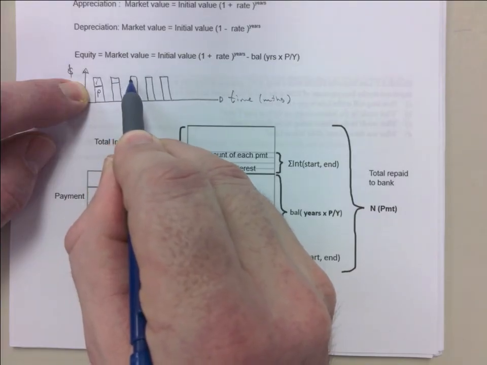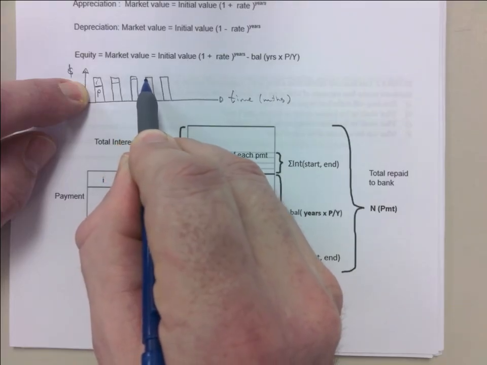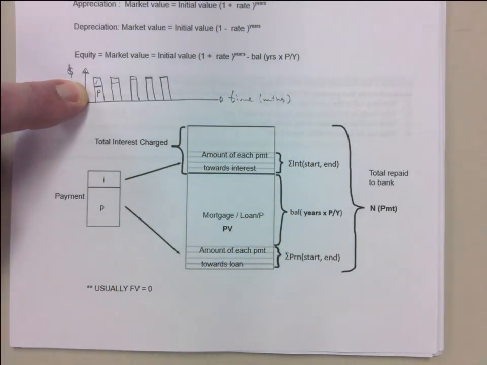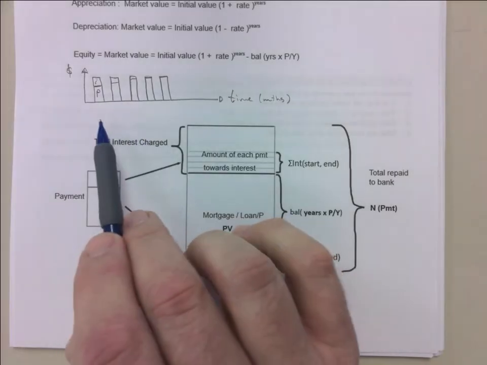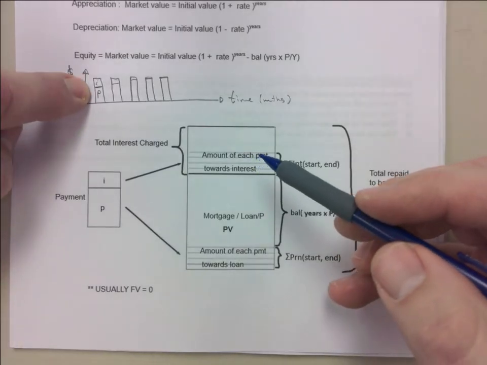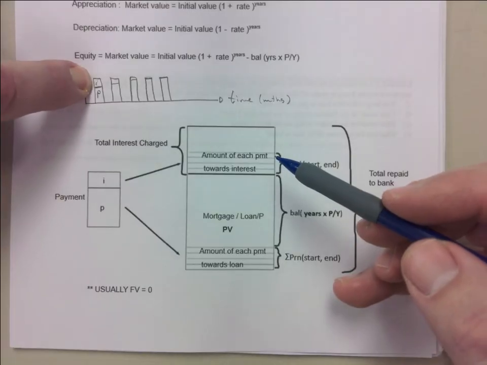Next month comes by, you owe a little bit less, it's going to be even smaller. Even smaller. And it's almost non-existent towards the end. But interest kind of gets smaller and smaller as time goes by because you owe less and less. But the fact remains that every single payment is part principal and part interest.